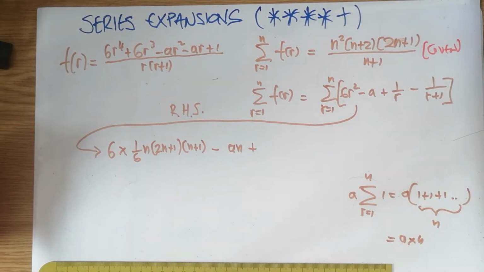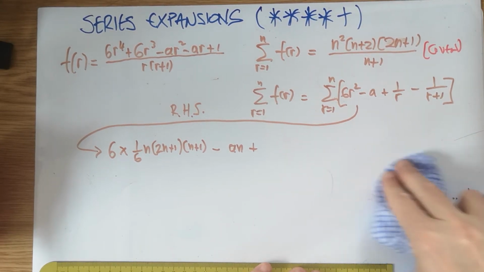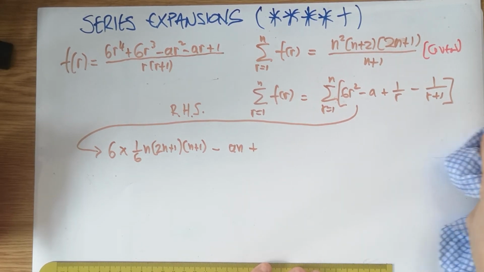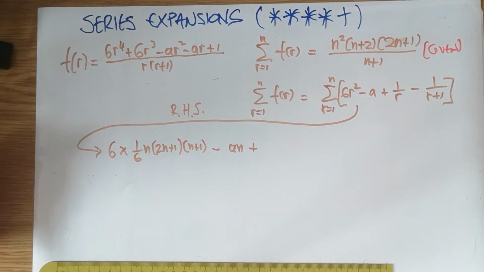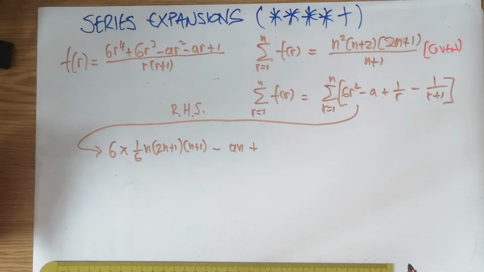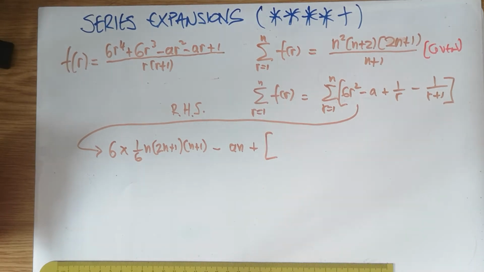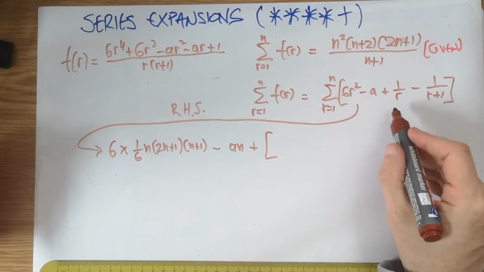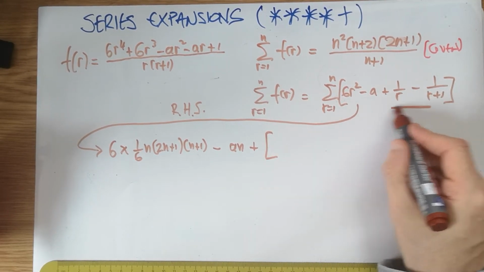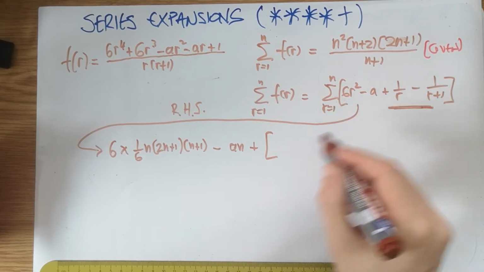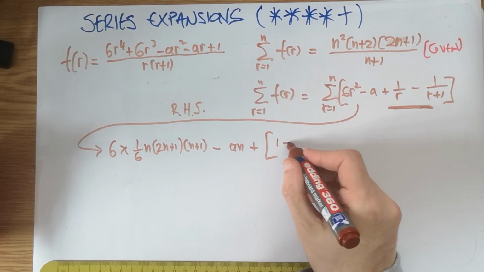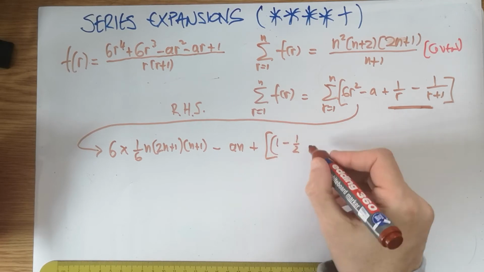Normally I would write this as a table and separate the parts because it's easier to see. But here, because I'm pressed for space and have to keep rubbing out, I'm going to write this separately. So these two bits together: when I put r equals 1, it's going to be 1 minus a half.